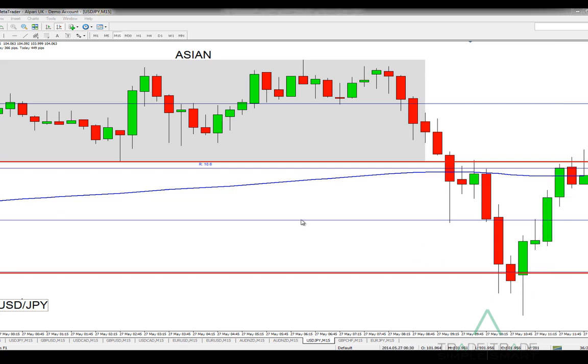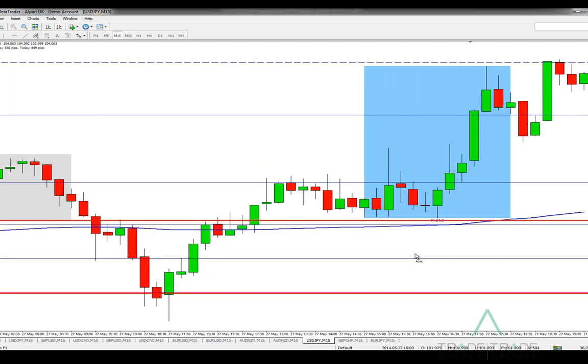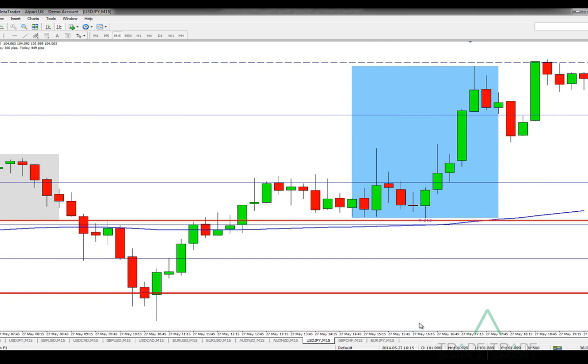So once we see that evidence of manipulation and smart money have absorbed the retail orders, we can see that the market moves in a very rapid trend to the upside, and we would be in line with this trend.